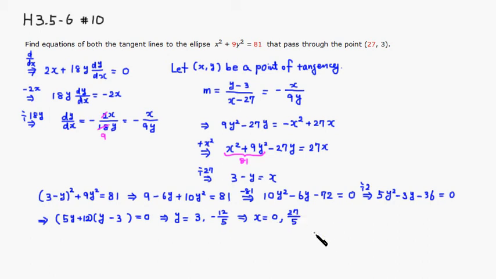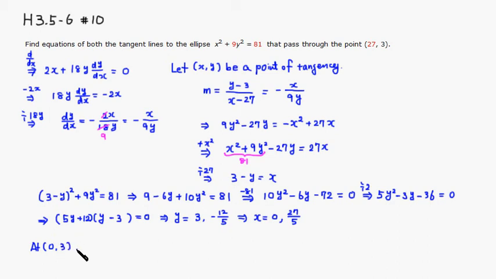All right, so we got two x values there. So you have 2 points of tangency. One is (0, 3), and the other one is (27/5, -12/5). All right, so let's do the first one. So this is going to be at (0, 3).